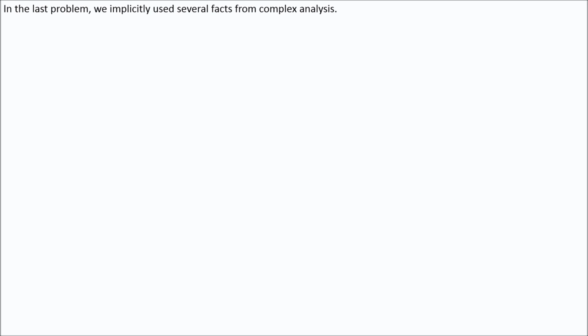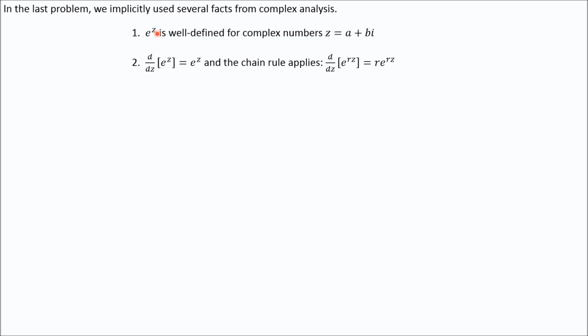Even though I'm not making this course about complex analysis, I did want to state the things from complex analysis that we are using. First of all, I assumed Euler's identity. So I assumed that we can take e to a complex power. I assumed that it makes sense to say that the derivative of e to a complex power is e to that same power.